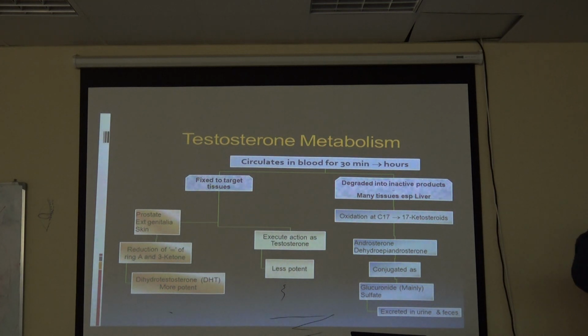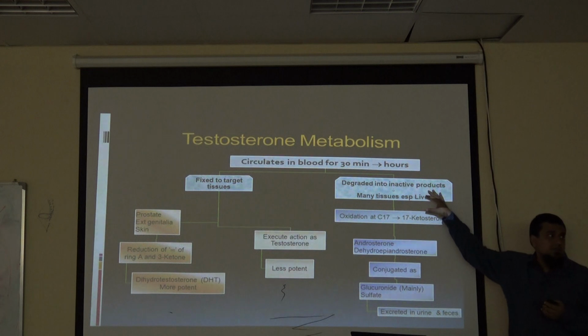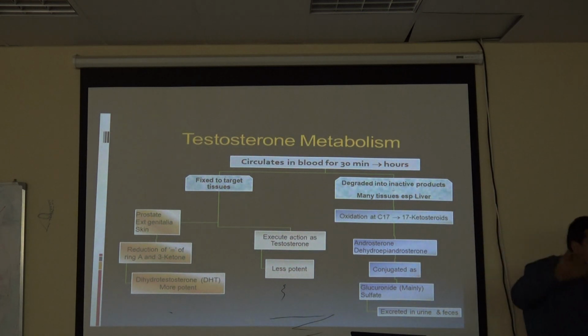Okay, so after their action is finished, they need to be metabolized. Clear? And this portion of the slide is explaining their metabolism, where the testosterone is converted into an inactive form so that it can be excreted out.